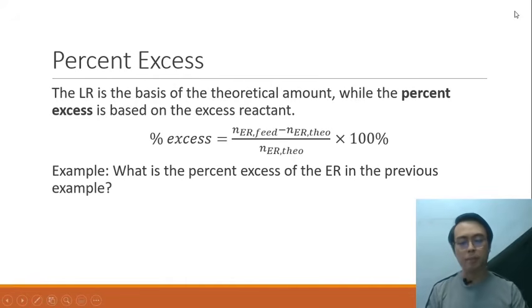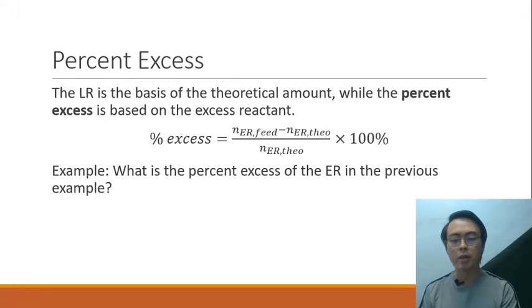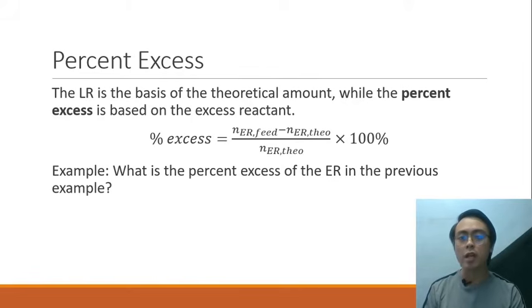Okay, next, we have the percent excess. Previously, we have the N-theo or the theoretical amount of the product that can be produced, which is based from the limiting reactants. Now, the percent excess is based on the excess reactant. Okay, we have the formula here.